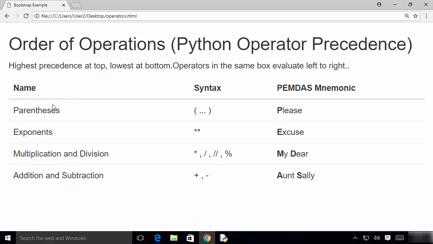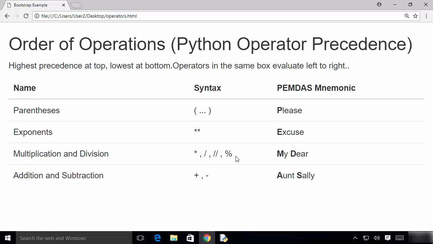In this table, the highest precedence is at the top and the lowest is at the bottom. That means parentheses have the highest priority, then the exponents, then the multiplication and division operators, which have the same priority here, and at last the subtraction and addition, which have the same priority.